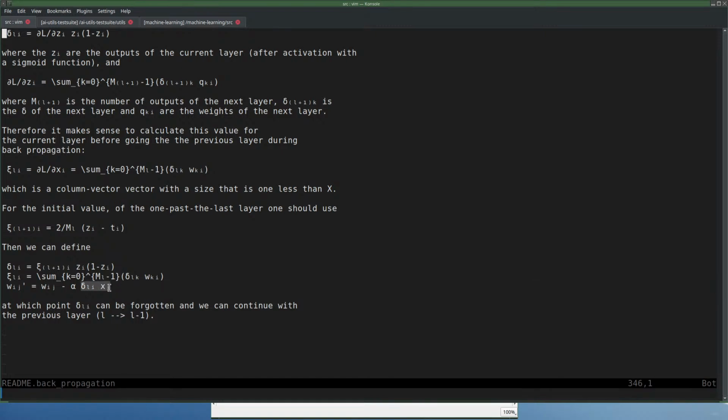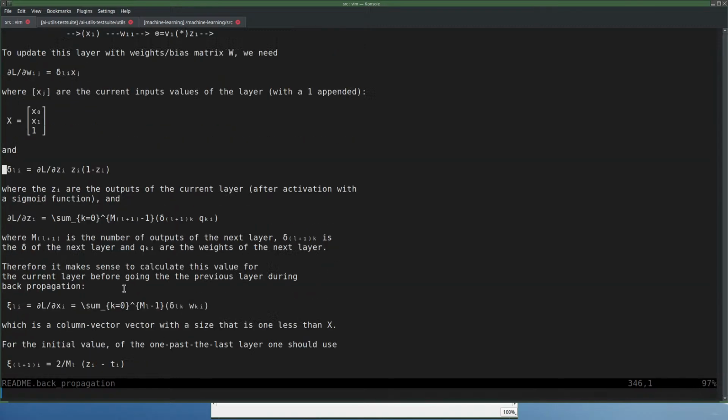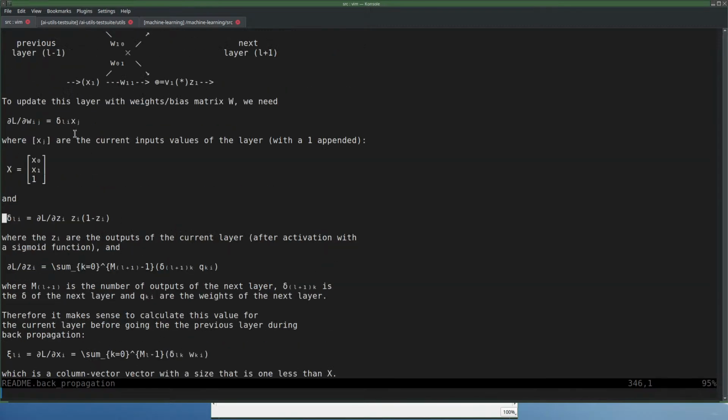And you can wonder what the hell is delta. Well, delta comes from the xi, and the xi comes from the xi of the previous layer, or the next layer if you go backwards. But this whole thing, delta x, as a whole is simply the derivative of the loss function with respect to the weights.